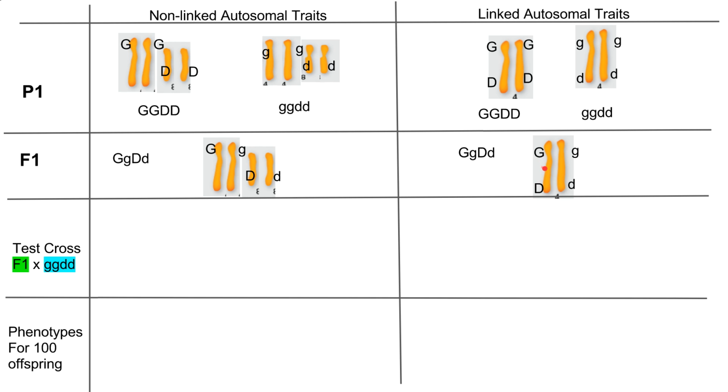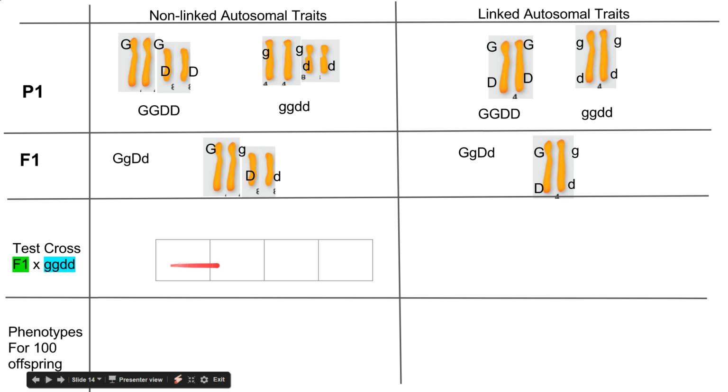However, when they're linked, this does not look like this. And therefore, in this test cross, we get different varieties. This one, again, because this right here is going to have the same gamete for every single one down, I skip it and just do the top row.